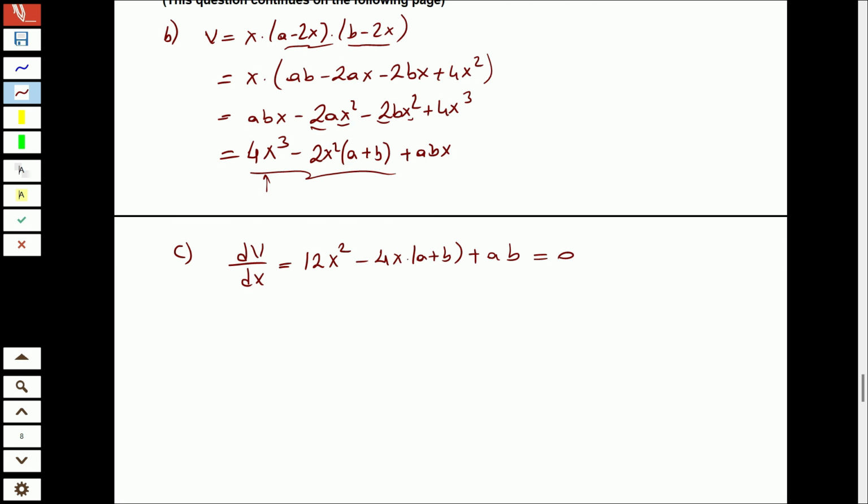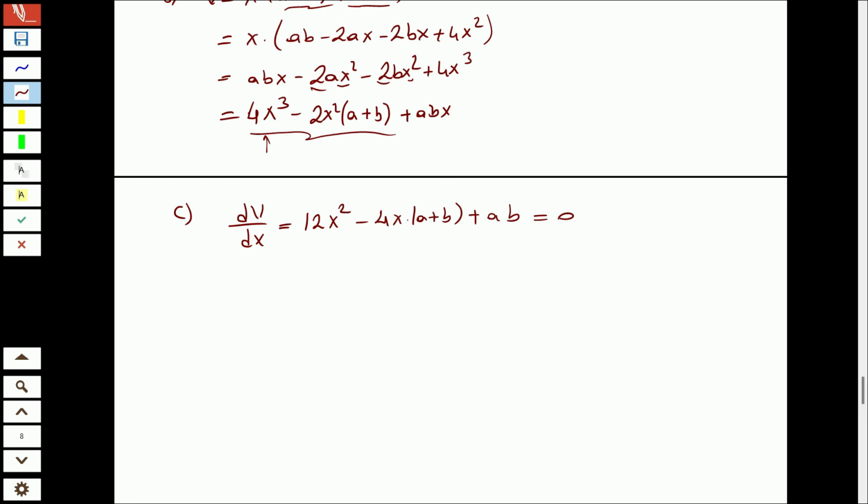We can apply the discriminant formula, which will give us x. The formula is x equals minus b plus or minus the square root of the discriminant, which is b squared minus 4ac, divided by 2a. Do not confuse here, because b is the coefficient of x.